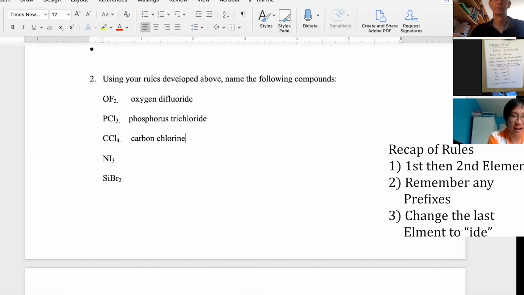It's not C and I, which is tricky sometimes on Word documents, but usually isn't what's being typed. But getting back on track, there's 4 of them. Our prefix for 4 is tetra. So it would be tetra, and we have to remember to change the "ine" to IDE. Carbon tetrachloride.